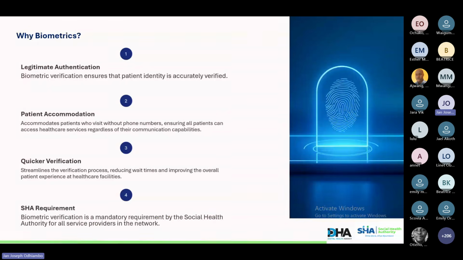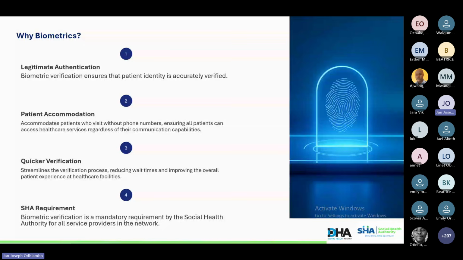Why are we using biometrics? Of course, the first key aspect here is to ensure that patients are identified accurately, because you can't duplicate a fingerprint. You can't use another person's fingerprint. So when they're enjoying their SHA services, we want to be accurate that it is a specific person enjoying it. Also to accommodate patients who might not have phones, because not everybody can afford a phone. Across the country, there are people who don't even have phones.